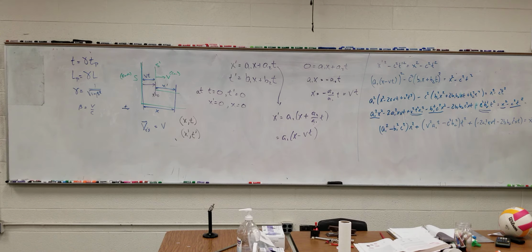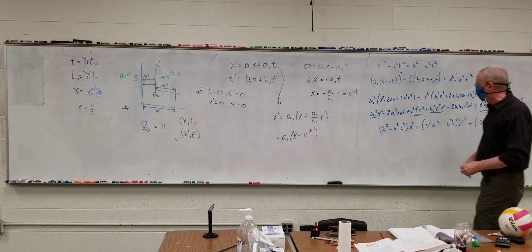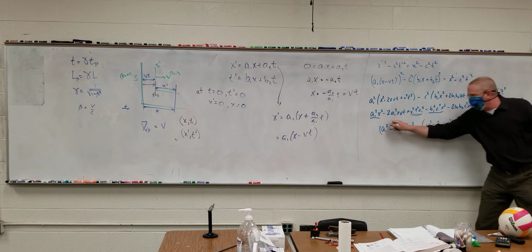What relativity is telling us is that this should always be true. This left side should always be equal to the right side, because this is invariant. This should always be true, regardless of the reference frame. And if this is always true, then this coefficient of x squared should be equal to 1.